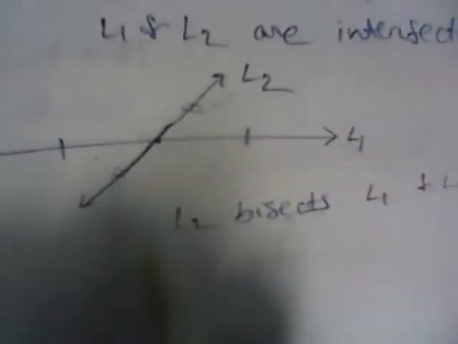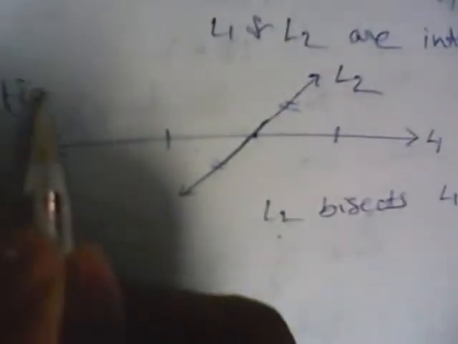So L1 and L2 are bisecting each other. This is the concept of bisection. This is the concept of intersection. The difference between intersection and bisection is that the intersection of lines into two equal parts is nothing but bisection.